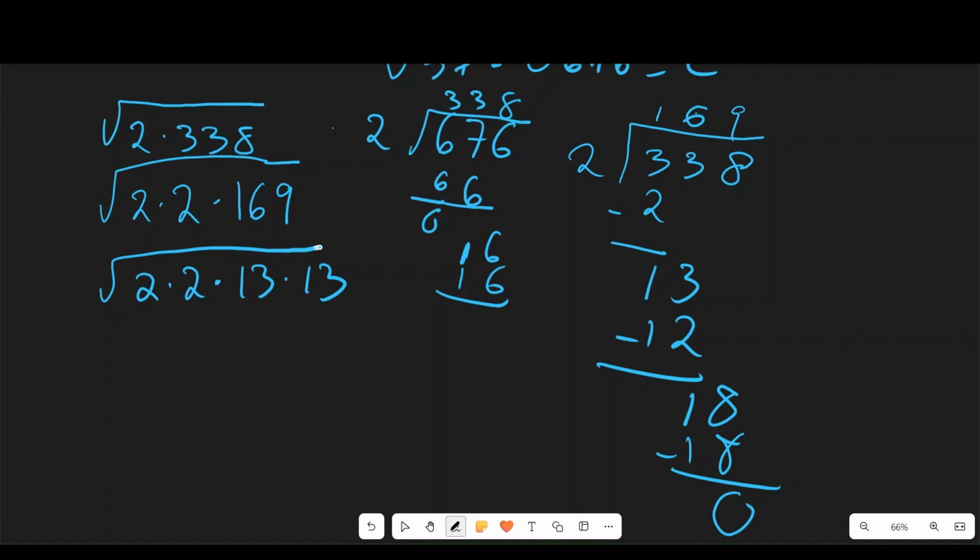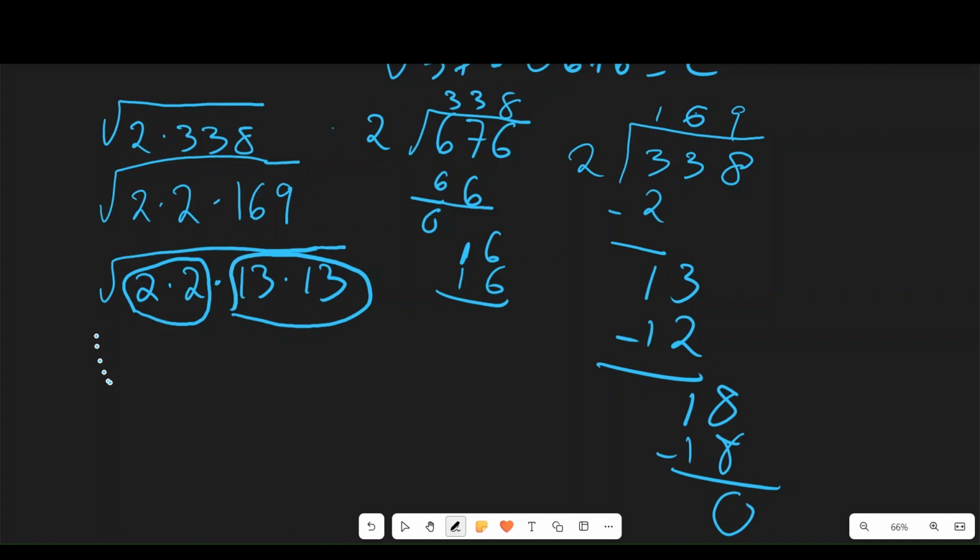So now we have it pretty much in its greatest common factors. So what we do whenever we have a square root in this form of greatest common factors, every time we see two numbers, we take those two numbers out of the radical, right? So these two numbers are going to go out, and then these two numbers are going to go out, right?